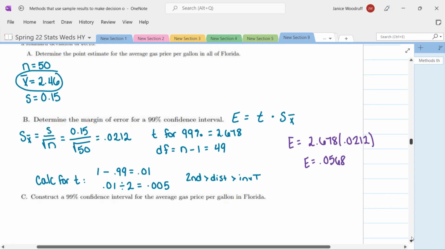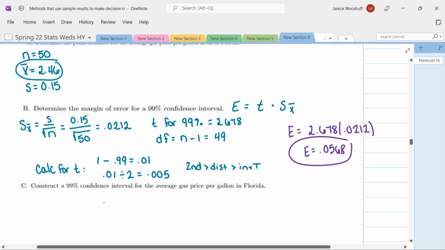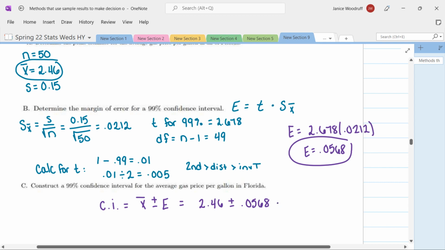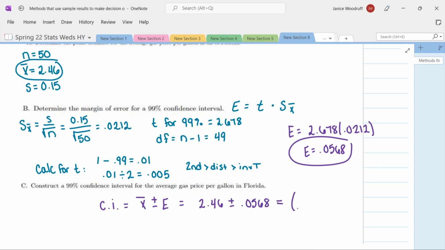Okay, so we have our margin of error, and then we'll do our confidence interval. So our confidence interval is x bar plus or minus E. So here our x bar is 246 plus or minus 0.0568. And after I do that, I can round to 2 decimal places because it's money. So for money, we really want 2 decimal places. So 246 minus 0.0568 would round to $2.40.